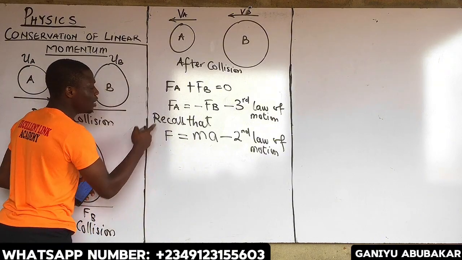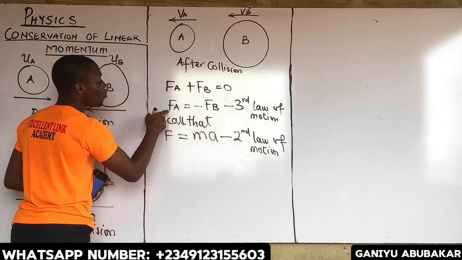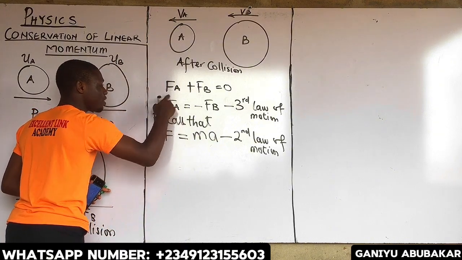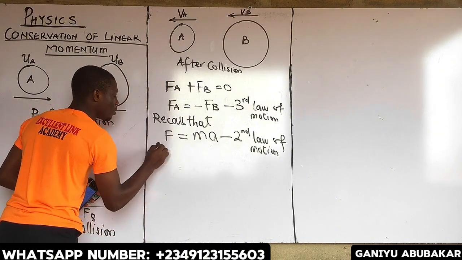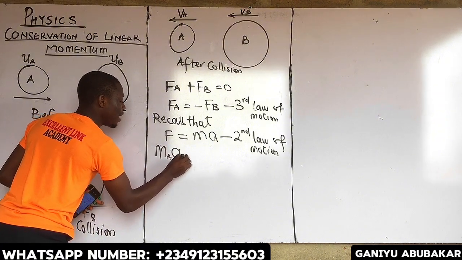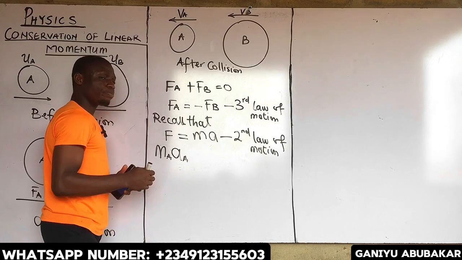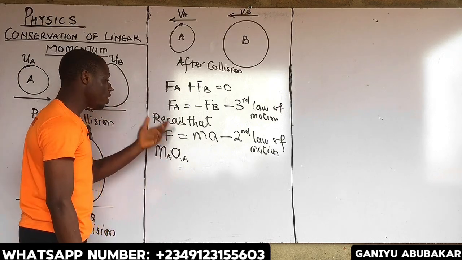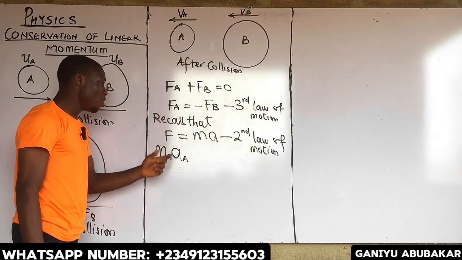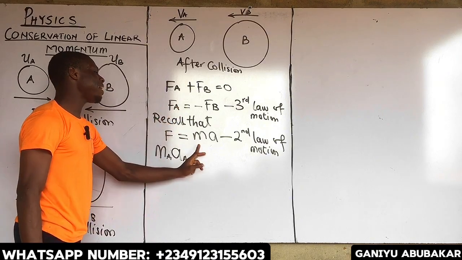I'm having force in terms of A and force in terms of B. So my force now is what? MA. Let me call it force at section A. So for force at section A, force can be expressed as mass and acceleration.